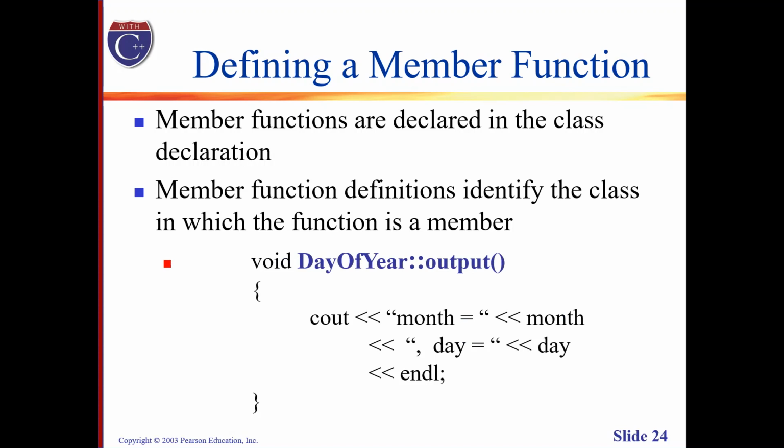So how do we do that? To do this, we use the following operator. As you can see, it is used to indicate to which class a member function belongs. This looks similar to how we define a function, but in this case, we have an example of how we define a member function for the class DayOfYear.